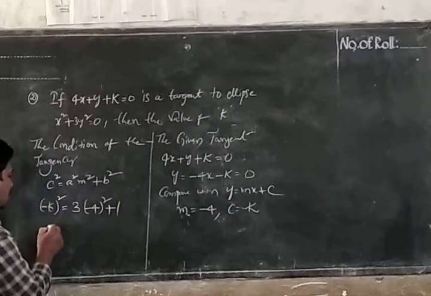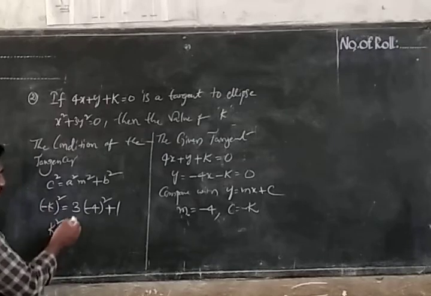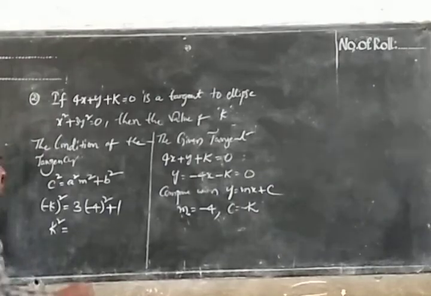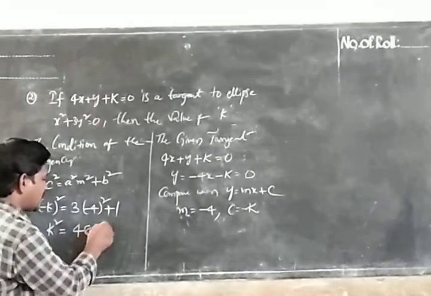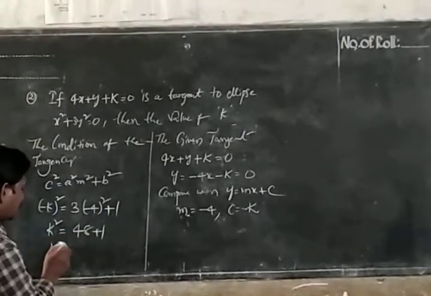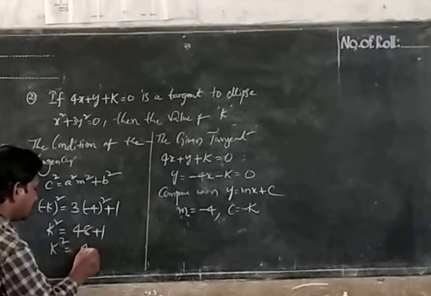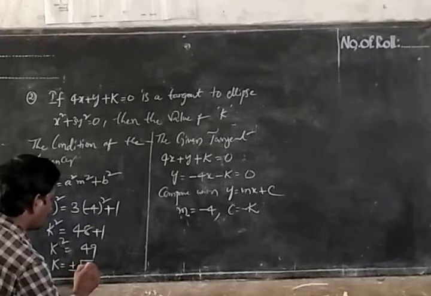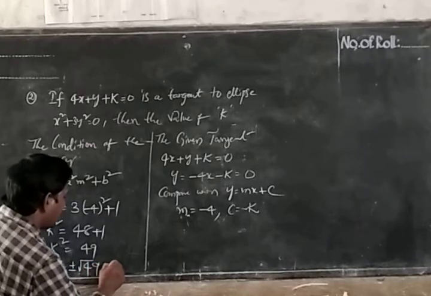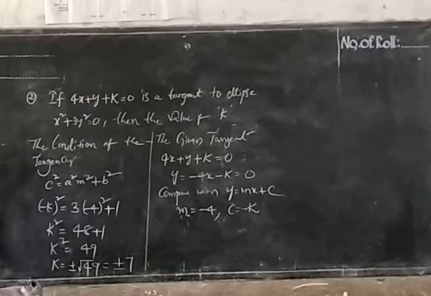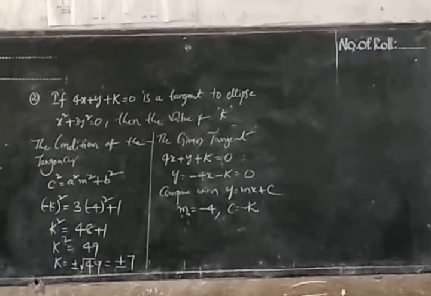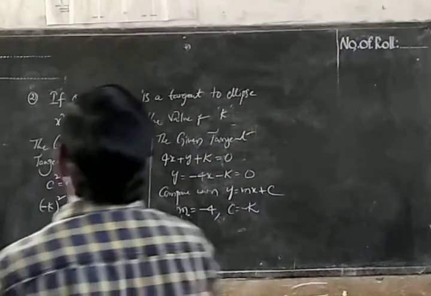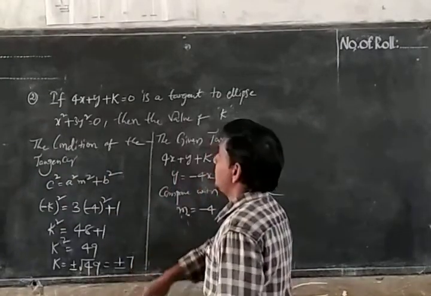Now k square equal to 3 into 16, which is 48, plus 1. Then k square equal to 49 and k equal to plus or minus root 49, that means plus or minus 7. We have the second option, the value of k equal to plus or minus 7.